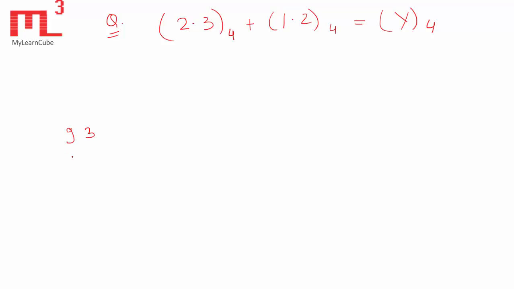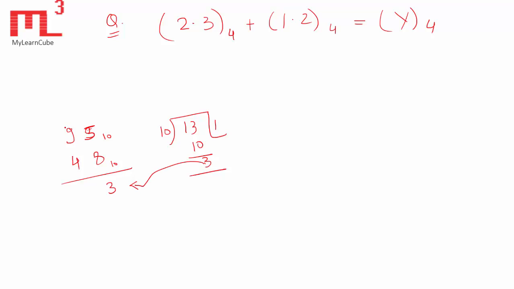Suppose 9.5 and 4.8 are both in base 10. 5 plus 8 is 13. 13 divided by 10 gives quotient 1 and remainder 3. We put the remainder here and carry the quotient. This is the actual approach for addition or subtraction in decimal.